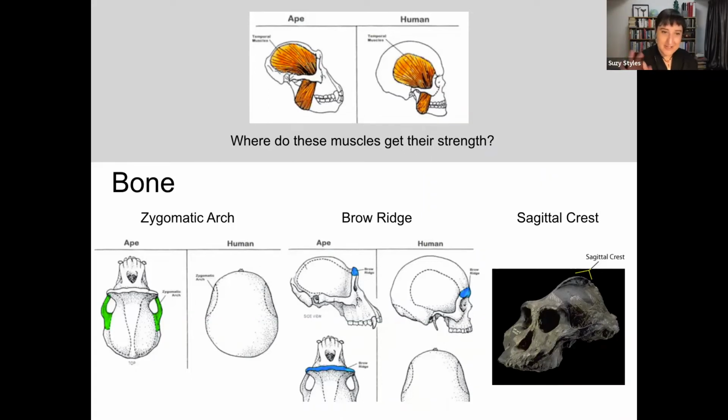The third difference that we haven't really talked about so far is the sheer size of the muscle bundle on the side of the head relative to the rest of the cranium. So we can already see, even very superficially, that the temporalis muscle on the human only goes partway up the skull.